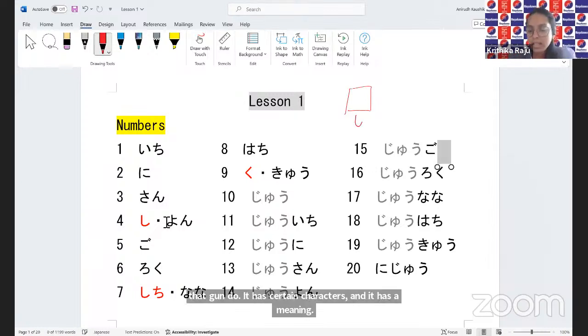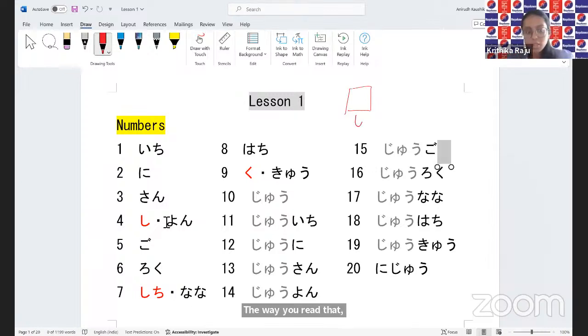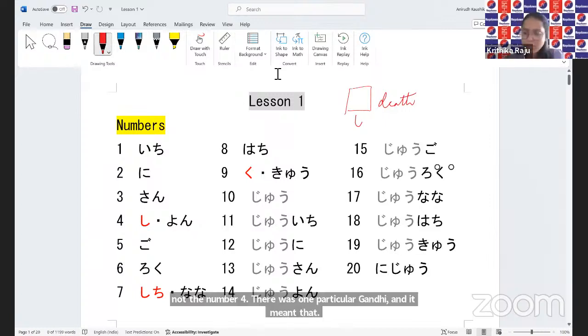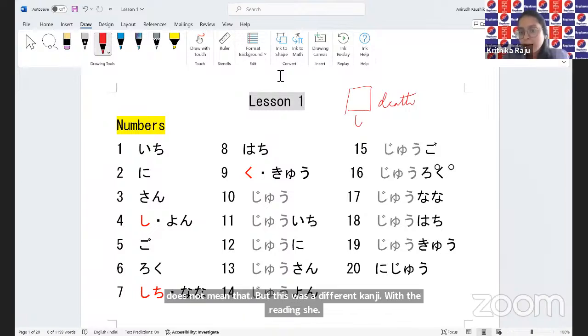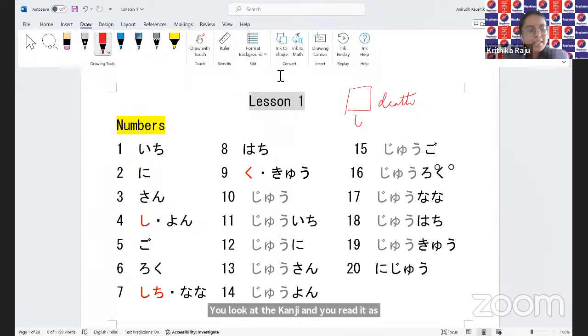The way you read that kanji is shi, not the number 4. There was one particular kanji and it meant death. 4 doesn't mean death, but this was a different kanji with the reading shi. You look at that kanji and you read it as shi, but it had the meaning death. And since that is not a very nice thing to keep thinking about, right?